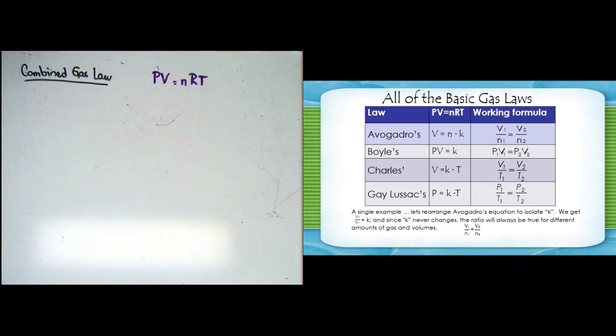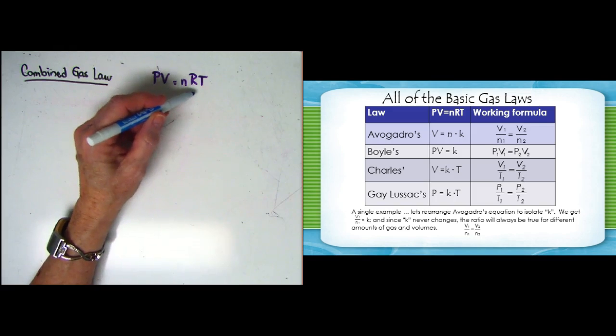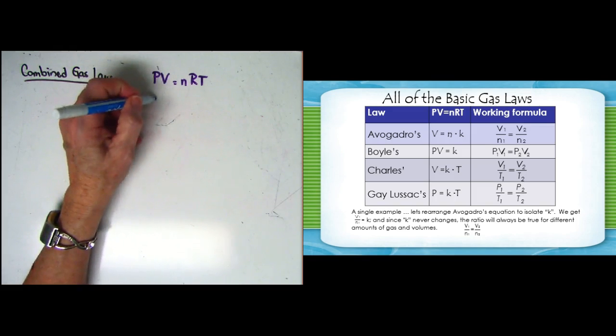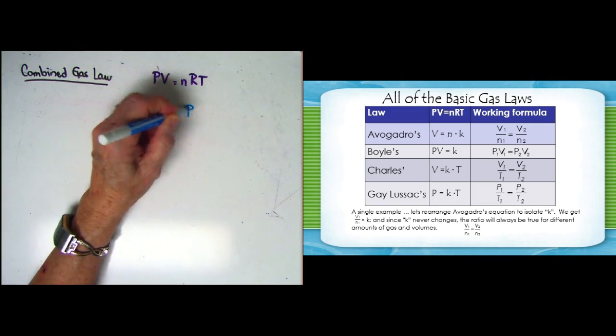It's a challenge, and most students are able to do this. The whole goal is to find a way to put everybody except for R on the same side. So what are you going to do? You're going to have PV, and you divide by the n and the T, and you're going to get R.